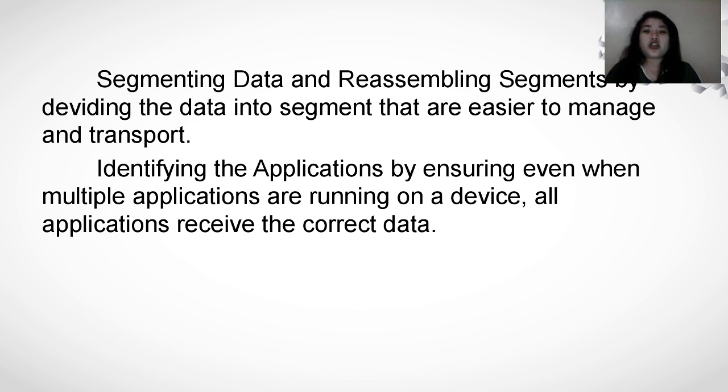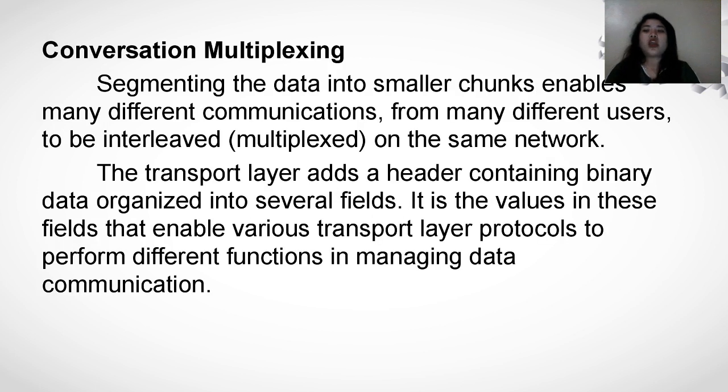Identifying the applications, by ensuring that even when multiple applications are running on a device, all applications receive the correct data. Conversation multiplexing: segmenting the data into smaller chunks enables many different communications from many different users to be interleaved, or multiplexed, on the same network.